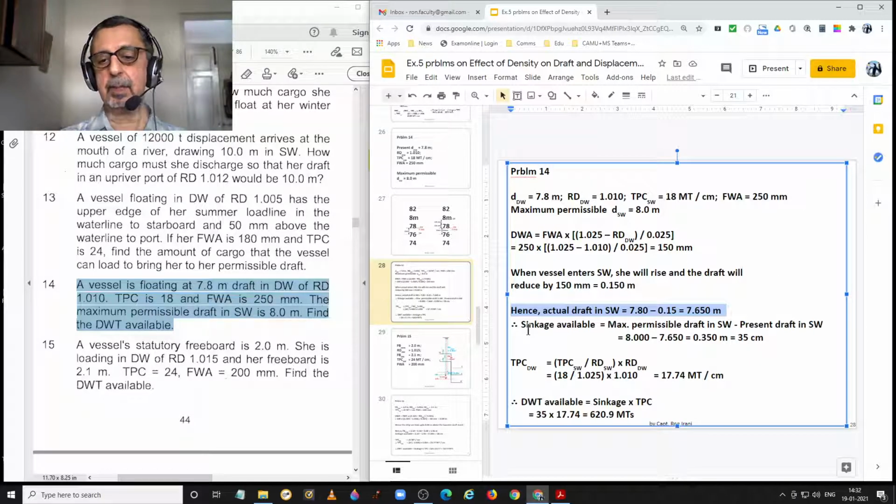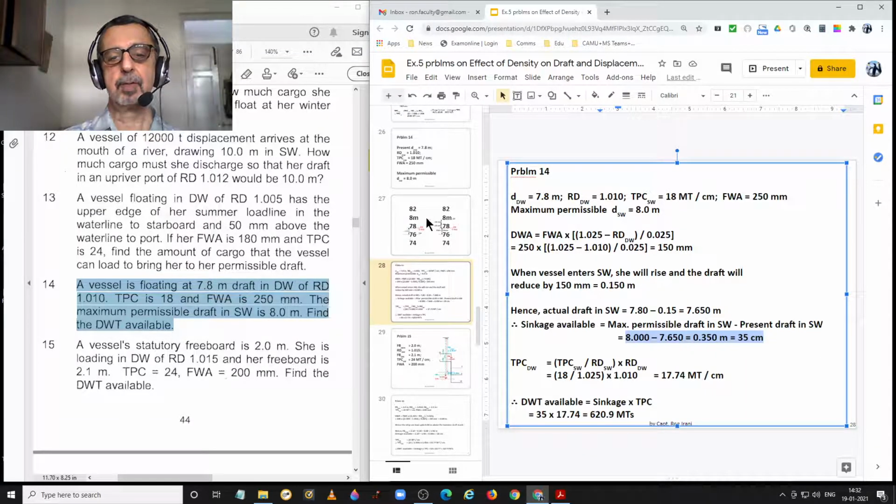Sinkage available will be maximum permissible draft in salt water, which is 8 meters, minus the present draft in salt water, which is 7.65 meters, is equal to 35 centimeters or 0.350 meters.